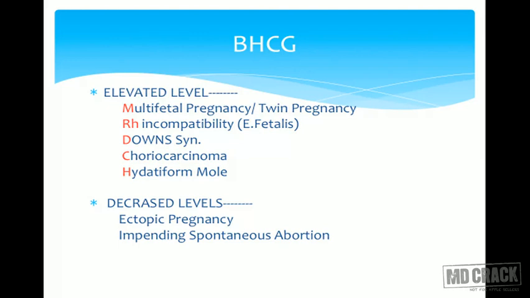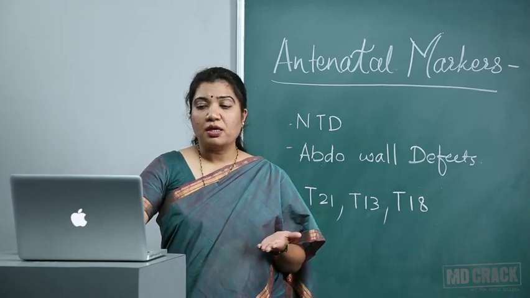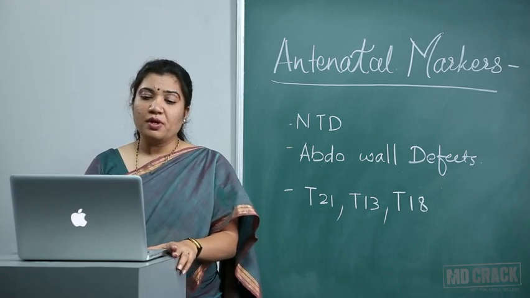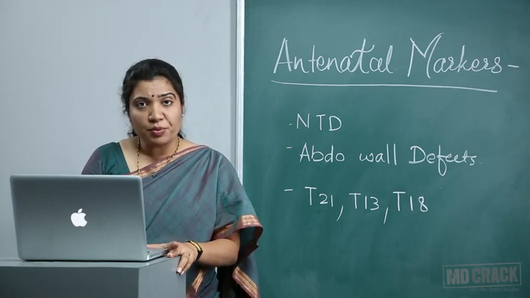Beta HCG elevated levels are seen in multifetal pregnancy or twin gestation, Rh incompatibility, that is erythroblastosis fetalis, Down syndrome, choriocarcinoma, hydatidiform mole. So in these cases, the levels are very high, and decreased levels are seen in ectopic pregnancy, impending spontaneous abortion.